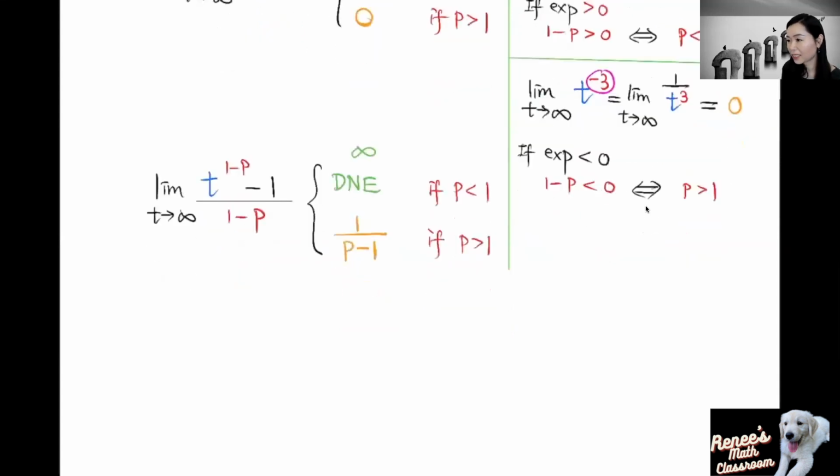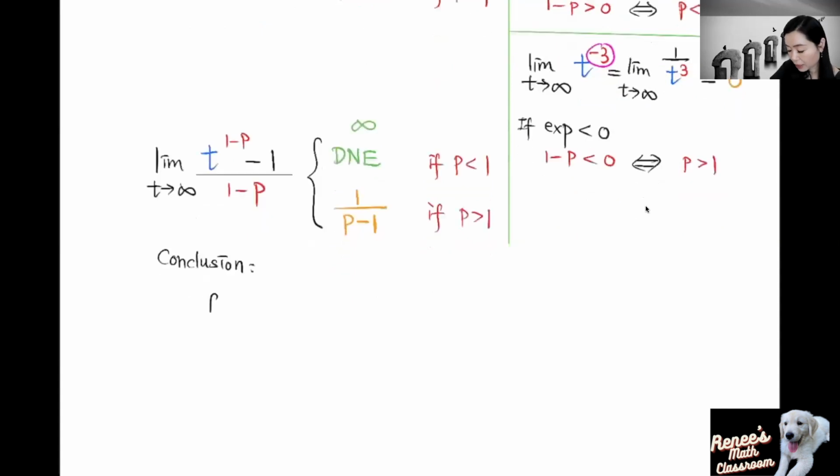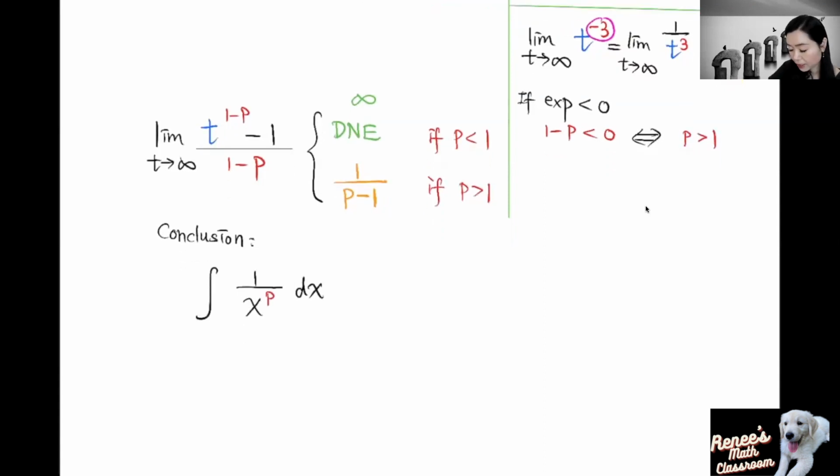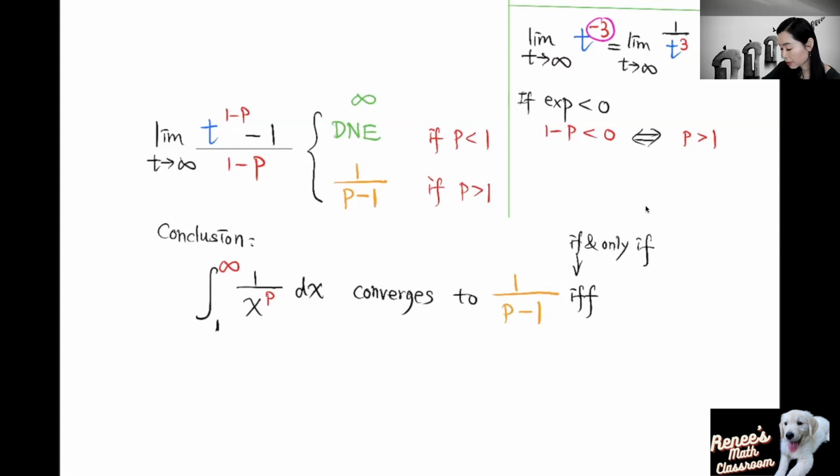Now, after this investigation, let's write down the conclusion. When we have the integral of 1 over x to the p power, as x goes from 1 to infinity, this improper integral is going to converge to 1 over p minus 1 if and only if, IFF here means if and only if, p is greater than 1.